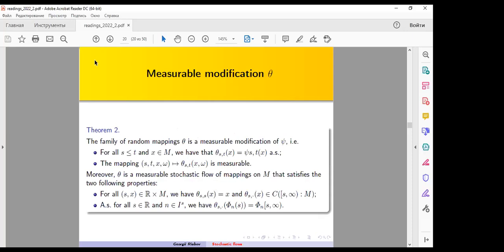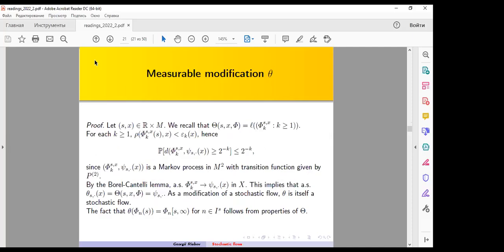So it preserves trajectories of the initial skeleton phi. Actually, all this was already shown for theta capital, except for the medium.